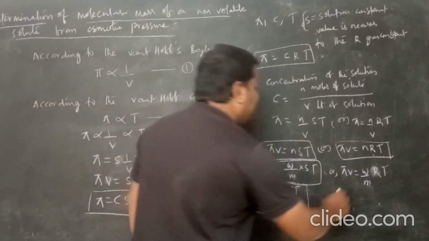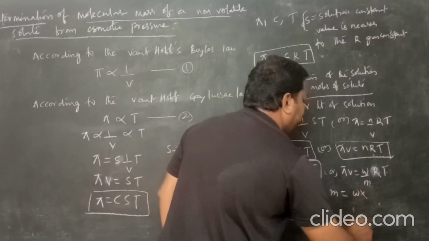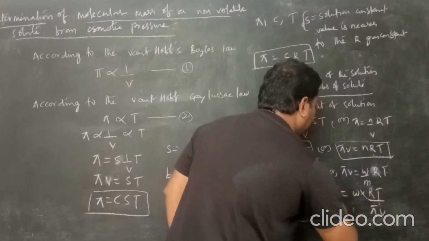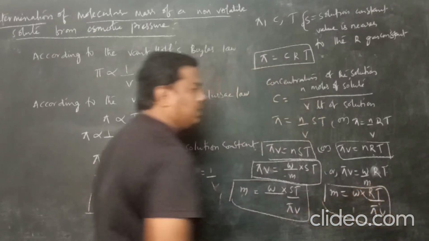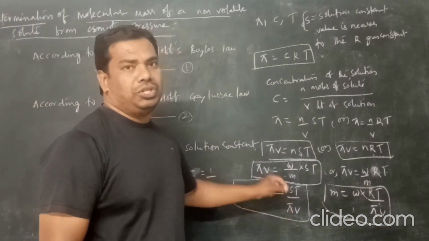Here also we write M is equal to W, the weight of the solute, into R T by pi into V. Here we substitute R, the gas constant, or the solution constant.